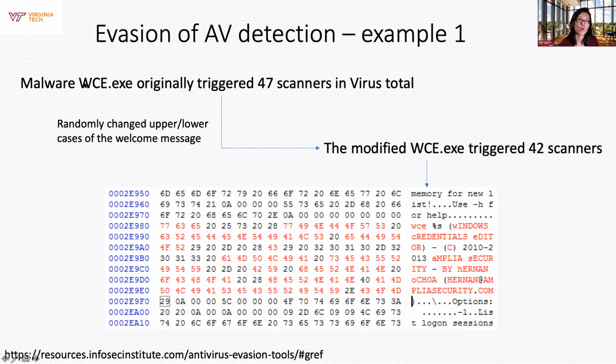WCE.exe is a malicious executable in Windows. It triggered 47 scanners in VirusTotal. However, if you just randomly change the welcome message in the program, just change the upper and lower case, like this person has done, 5 of the scanners will think this is fine.